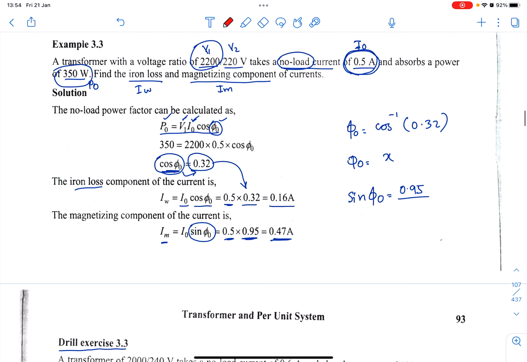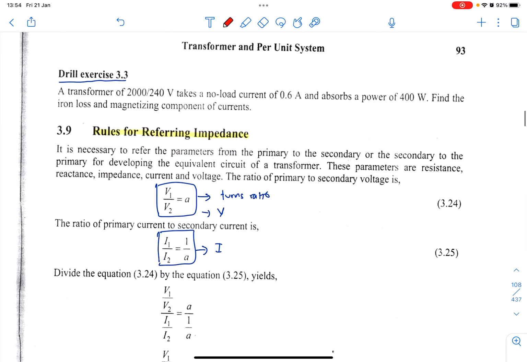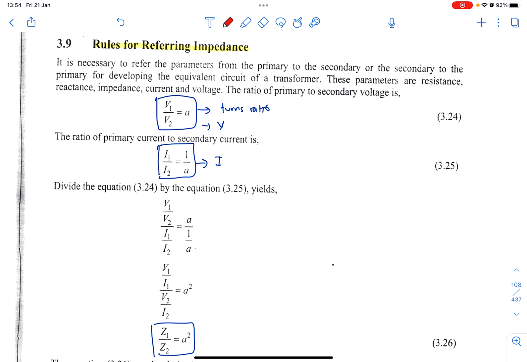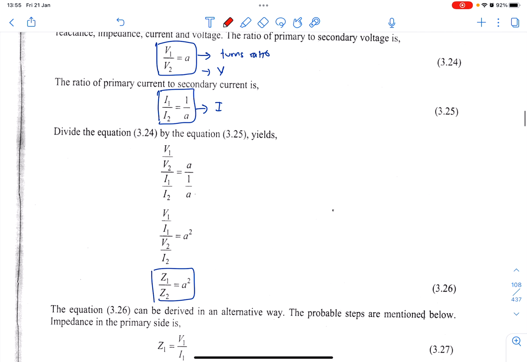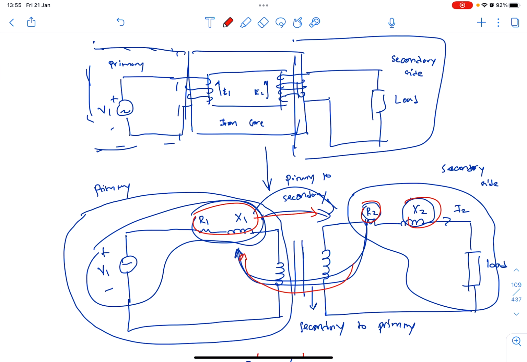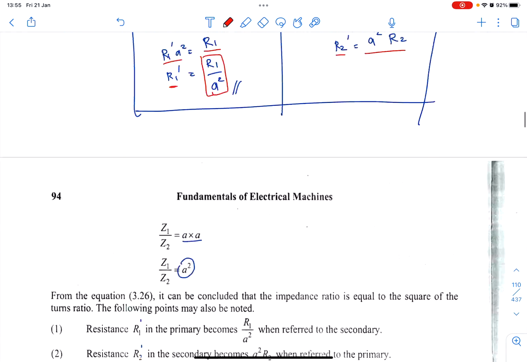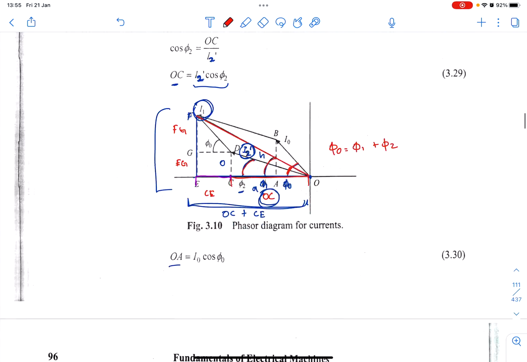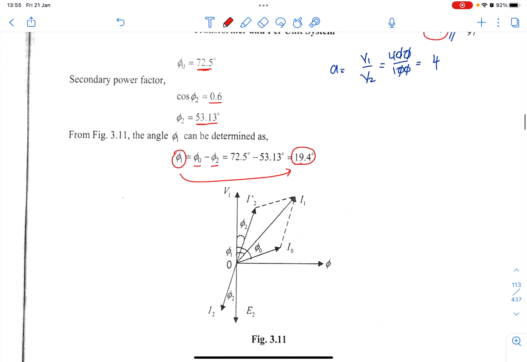So if you look at this example, which you have watched in the previous lecture, and then the rules for referring impedance, we have covered this one. Why do we need the rules for referring impedance? It is because we want to have an equivalent circuit like this one.